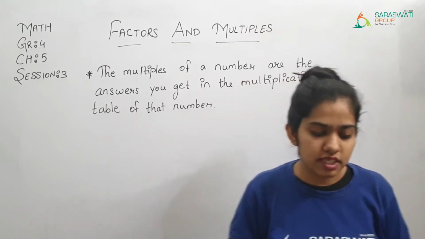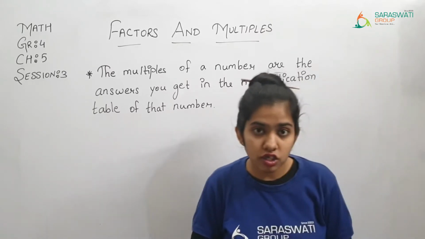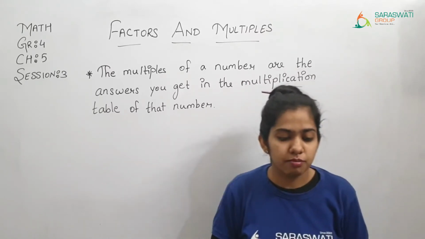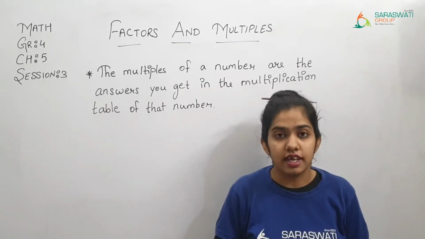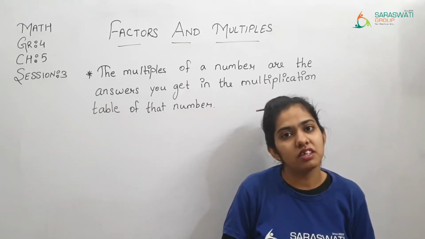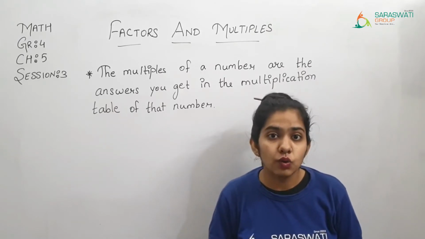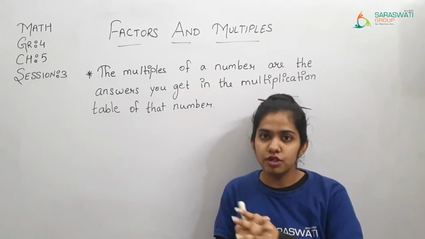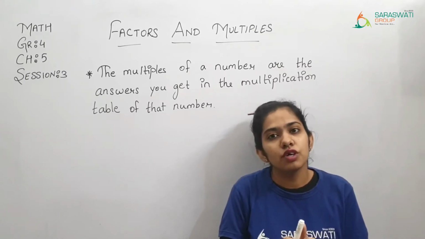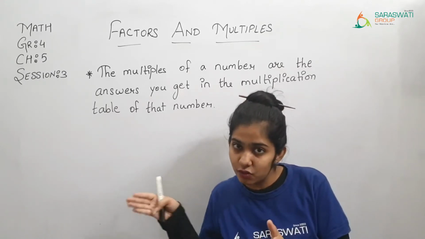In this way, we can also get the multiples of a number by using the skip counting method, beginning with that number. If it is the table of 2, we have to skip 2 numbers, right? If it is the table of 3, we are supposed to skip 3 numbers.